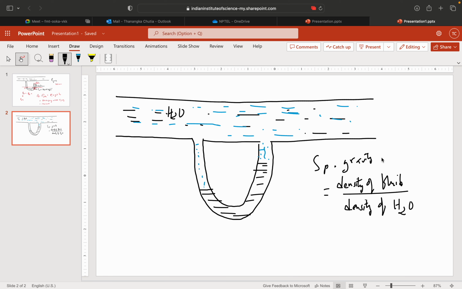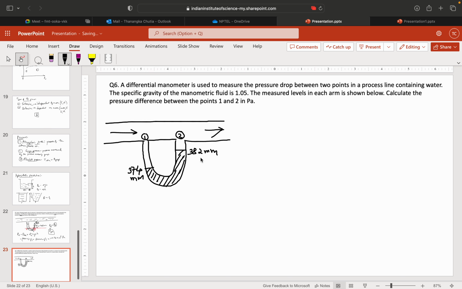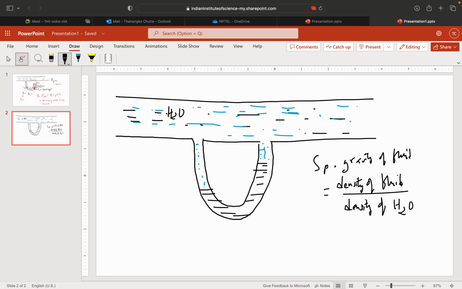Since the specific gravity of the manometric fluid is 1.05, my rho m is equal to 1000, which is the density of water, into 1.05, so 1050 kg per meter cube.